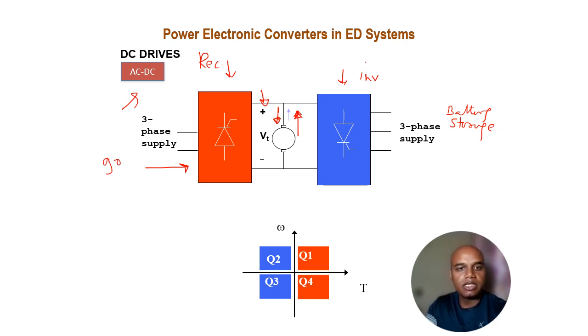If this is the grid supply in a simple industrial application, the same supply can be given back to my grid.